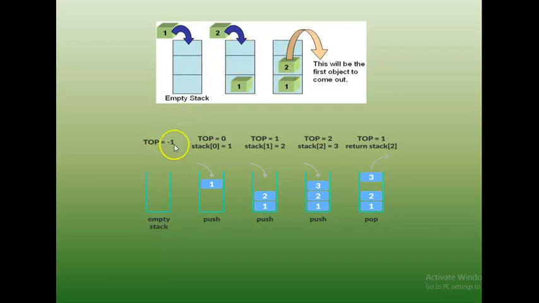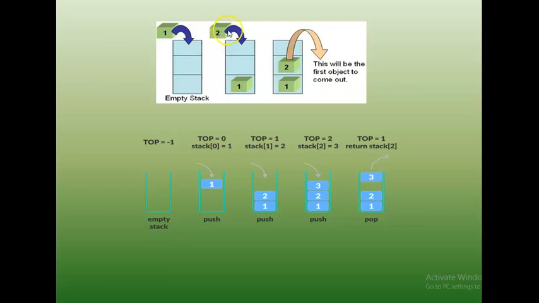So at the beginning, top is kept as -1. Whenever we push a value into the stack, this top should be incremented to locate or point to this location, which is index 0. So -1 becomes 0 by adding 1 to it.